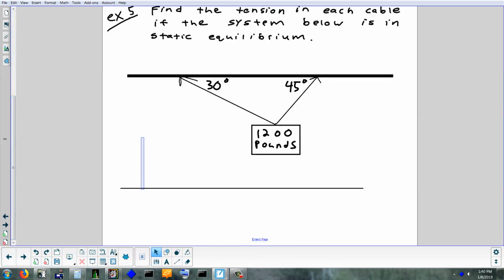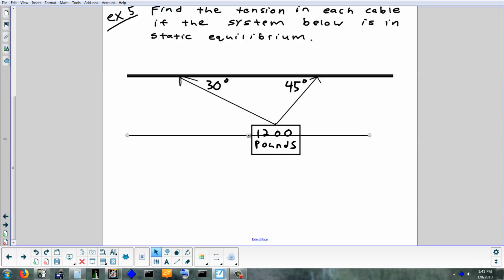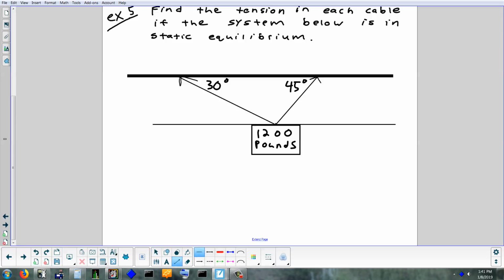So the first thing I'm going to do is put a horizontal in right there. Next thing I need is 2 verticals. I'm going to put 1 up there.